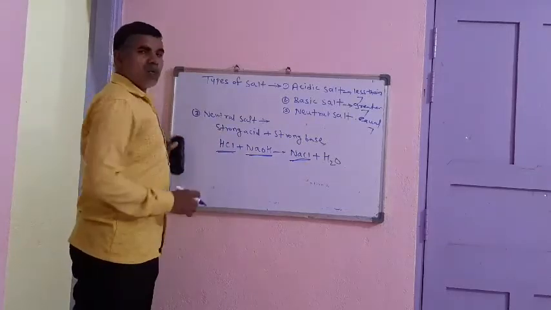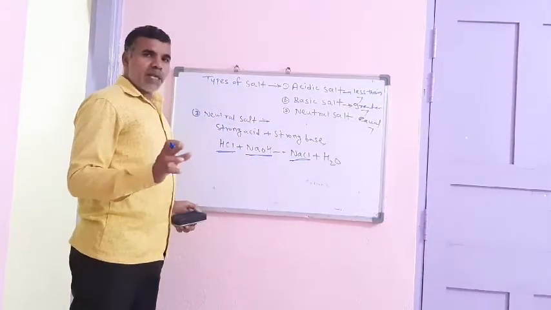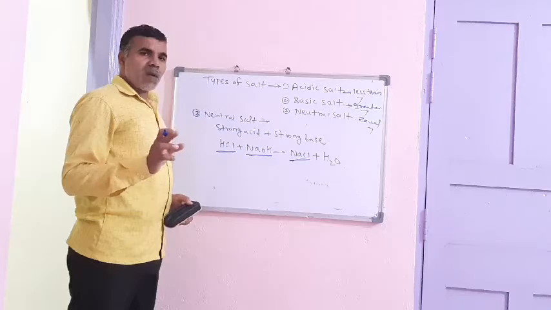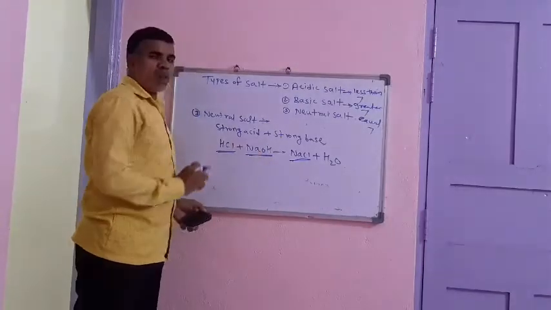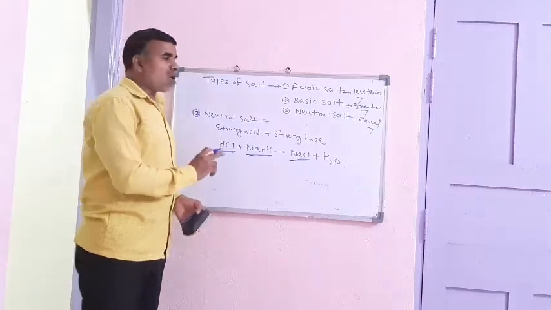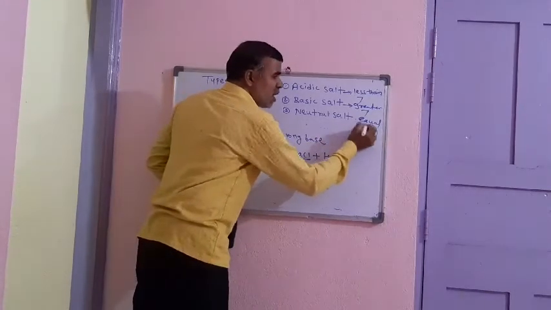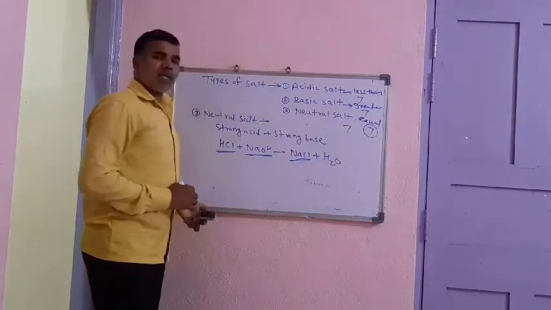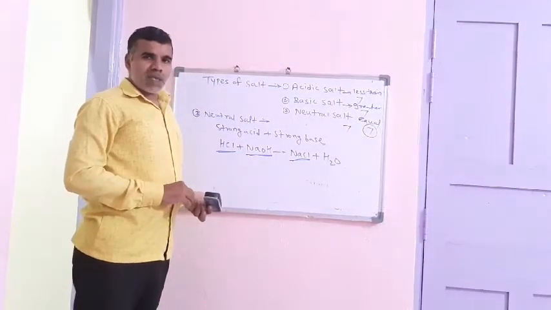It is a neutral salt. Neutral salt is formed by reaction between strong acid and strong base, and the pH of neutral salt is equal to 7. Neutral salt जो असेल त्याचा pH आपल्याला 7 म्हणता येईल.